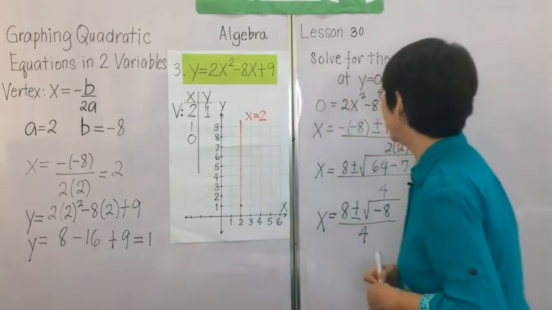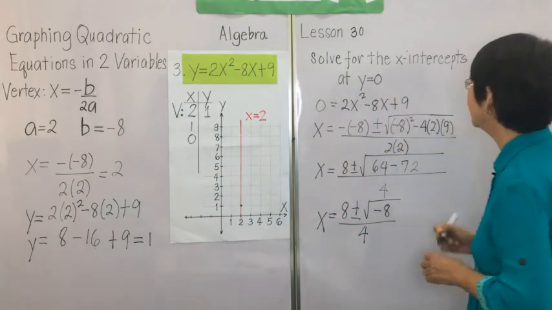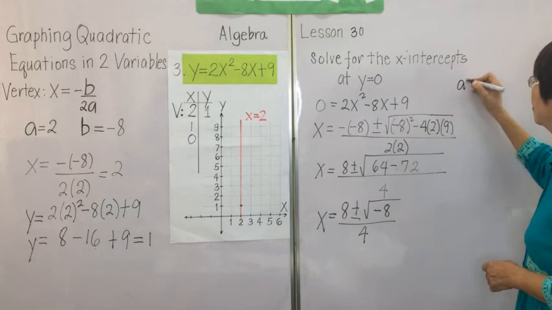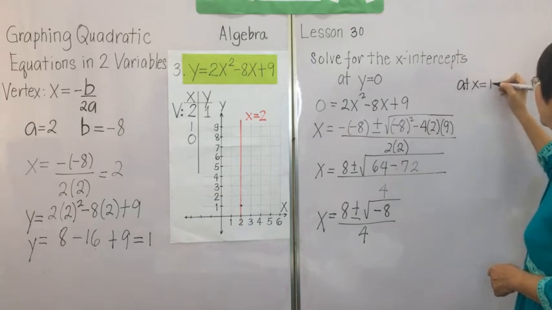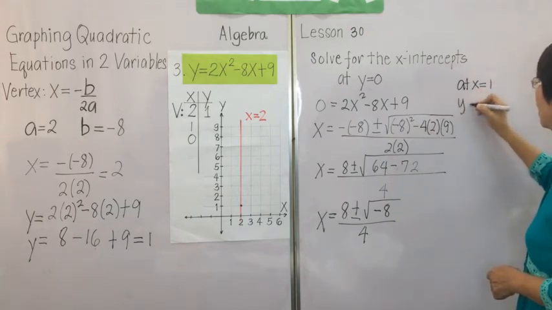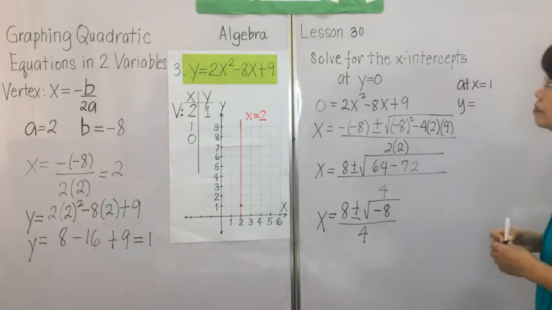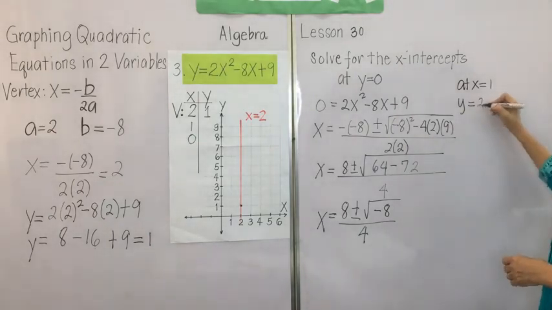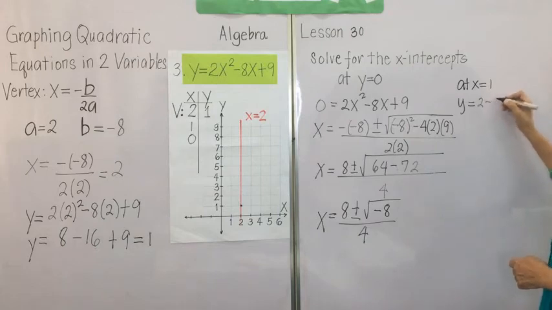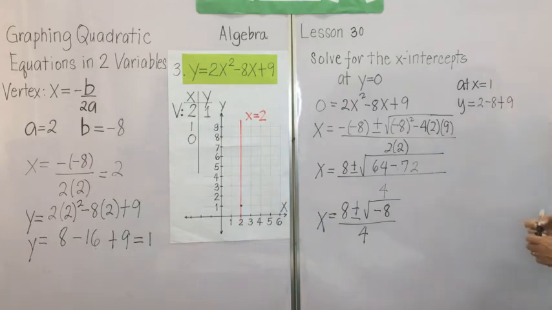So, at x is equal to 1, we have y is equal to 2 times 1 squared, or 2 minus 8 plus 9. So, we have 11 minus 8 is equal to 3.